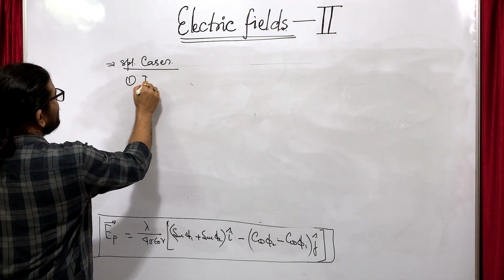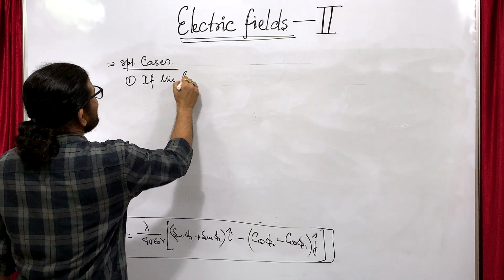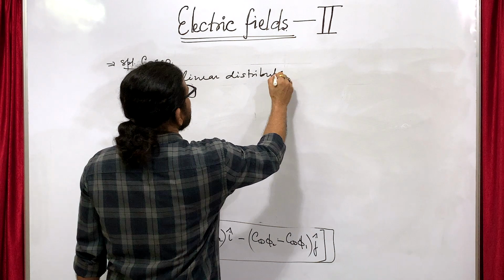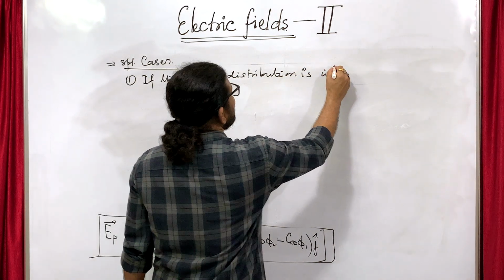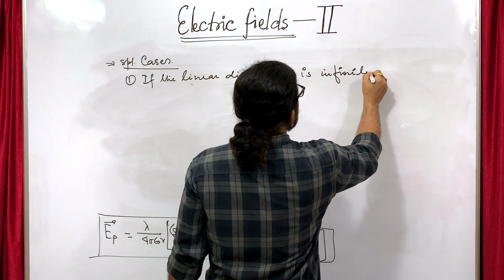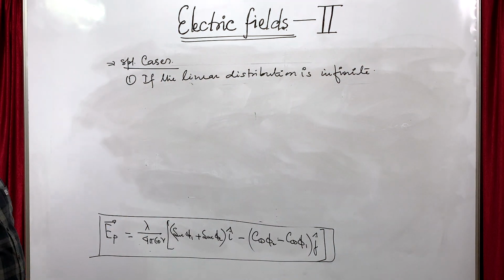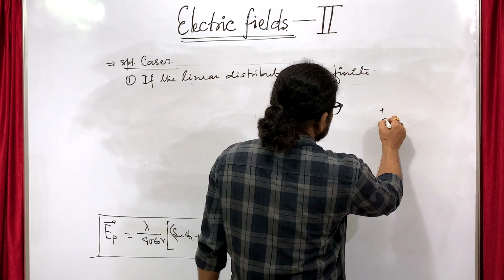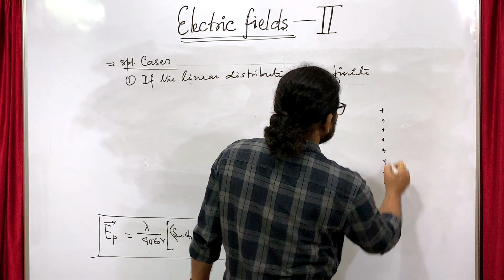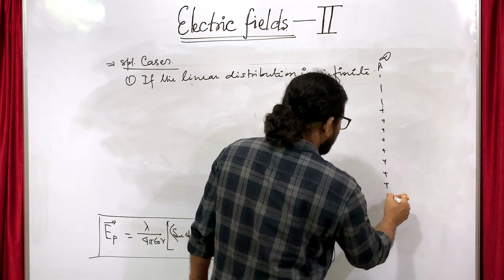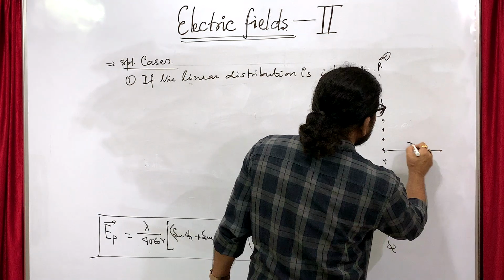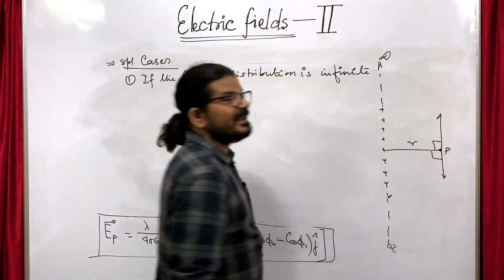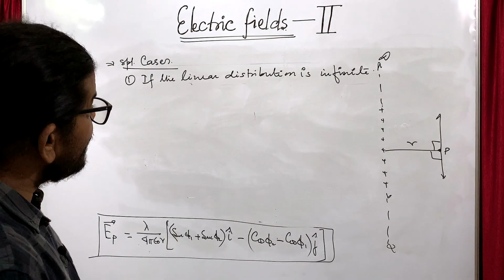First, if the linear distribution is infinitely distributed, just see, if it goes to infinity, and this side also it goes to infinity, then the two points will meet at infinity, the lines will be parallel.